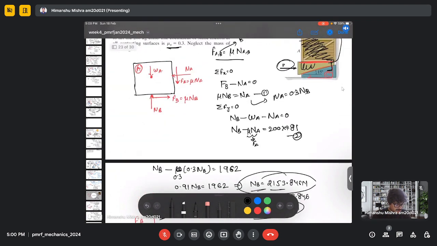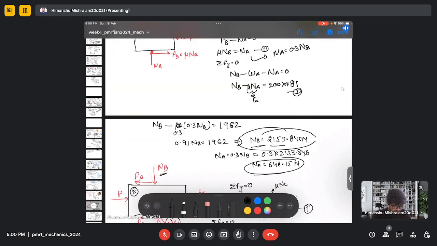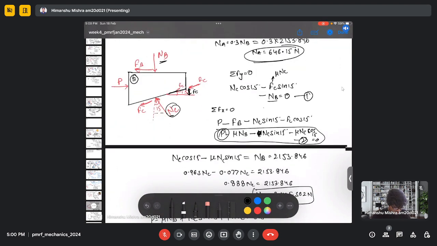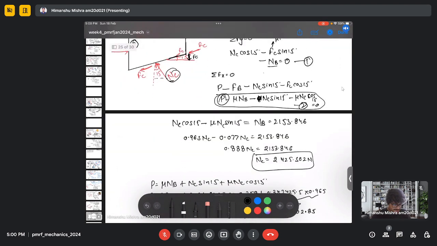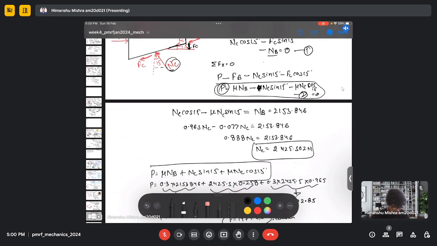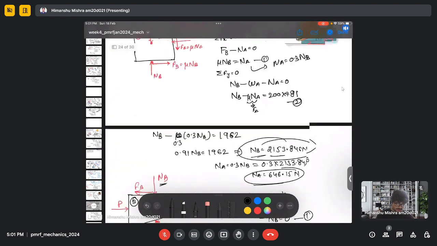Then we consider the wedge here. We again do the summation of forces here, and first we found the normal reaction due to the bottom body C, which is NC, and again by the same procedure, summation of forces in the horizontal direction, we found the external force P. So this will be the concept for the wedge.